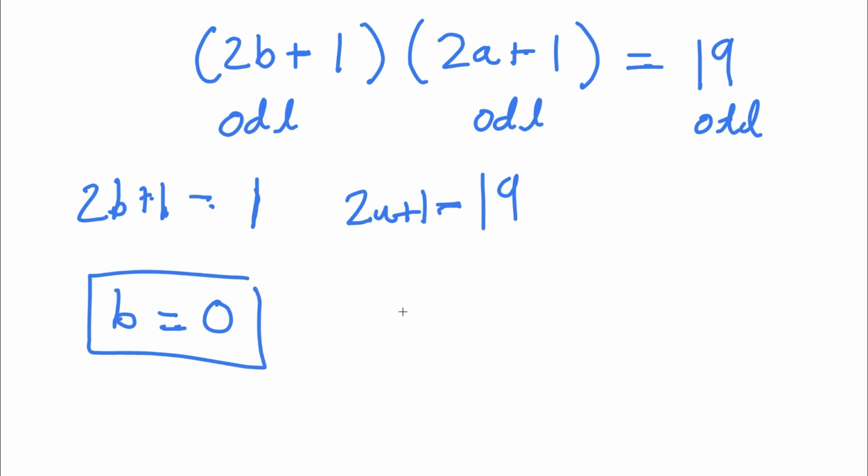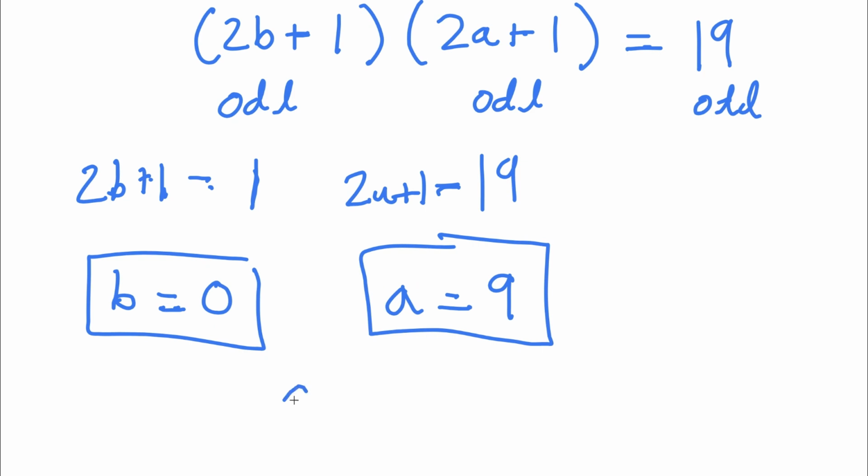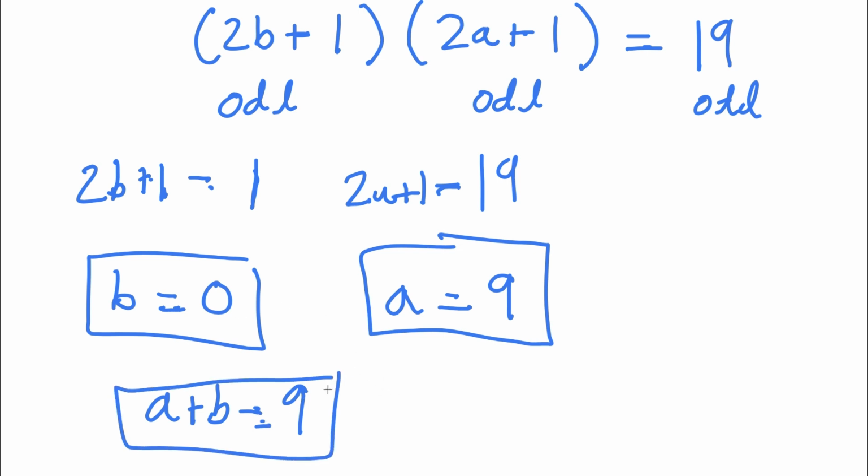And 2a plus 1, I get a is equal to 9. So now a plus b is simply going to equal 9. So this is my answer.